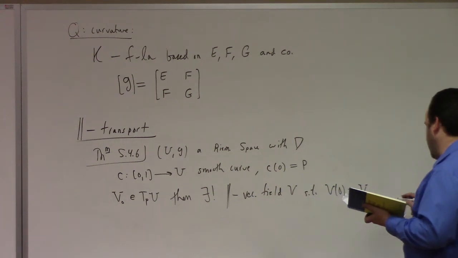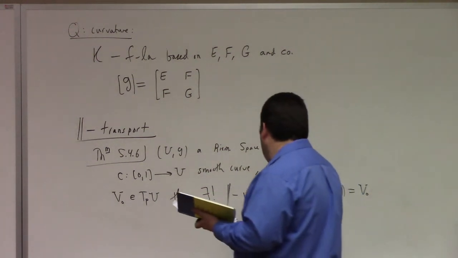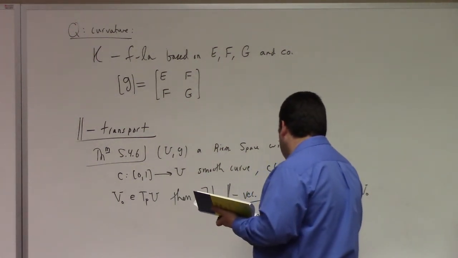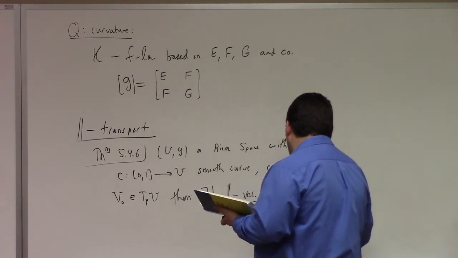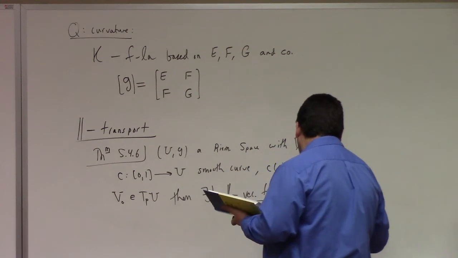And the vector field V is called the parallel transport of V naught along C, right?